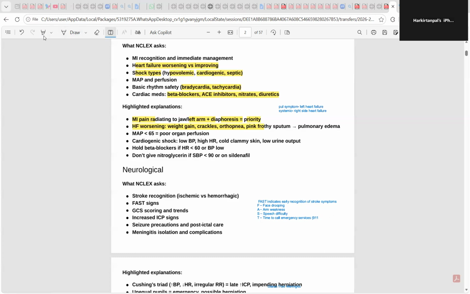And in case of cardiogenic shock, what can we check? We can check the BP. To compensate the cardiac output, the heart will contract more, so there may be tachycardia, and there may be inadequate perfusion, so cool and clammy skin will be there, and the blood supply to the kidney will decrease, which can lead to decreased glomerular filtration rate.